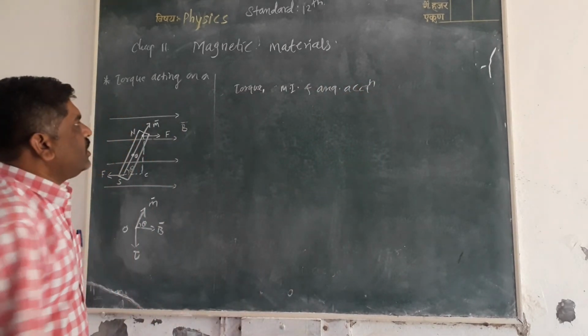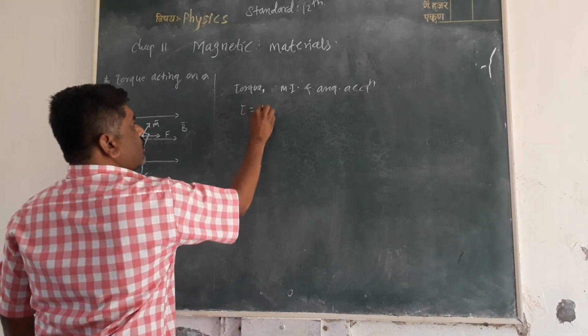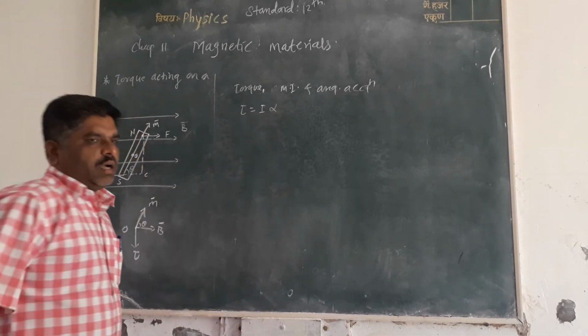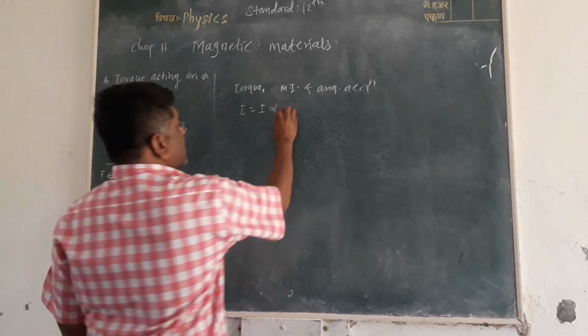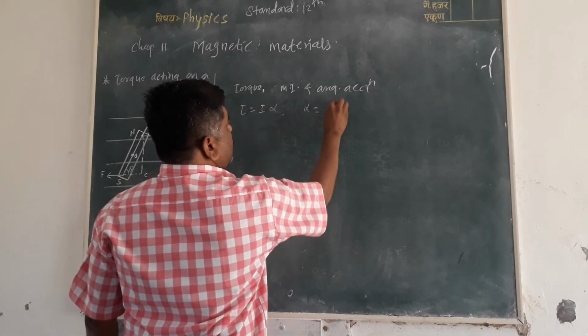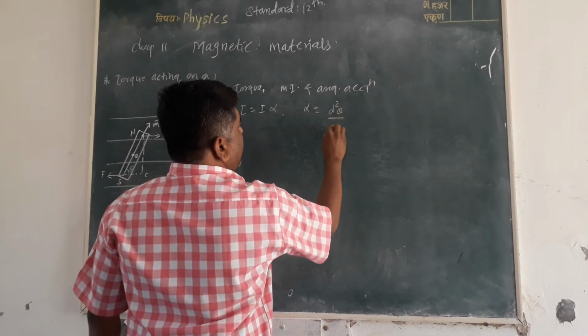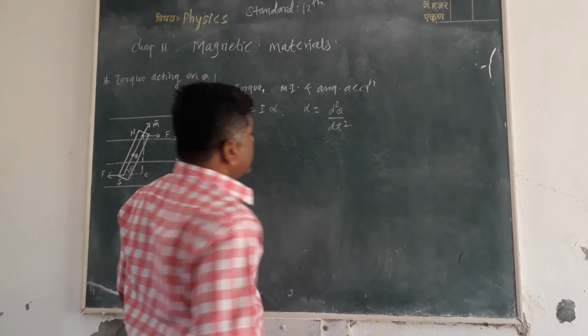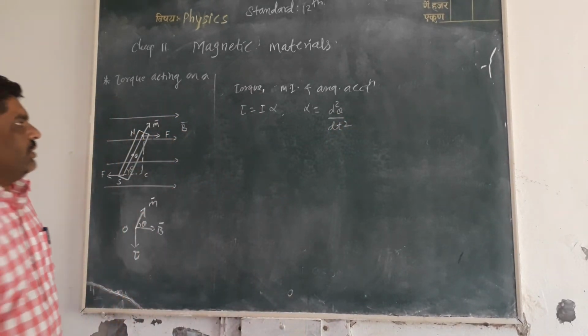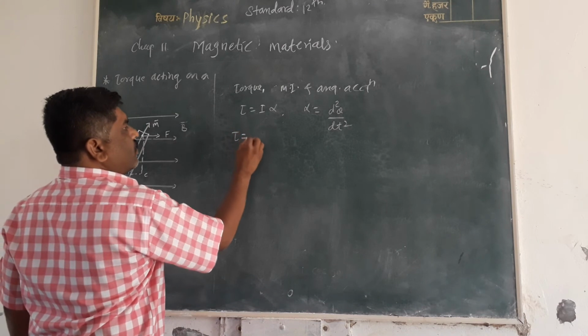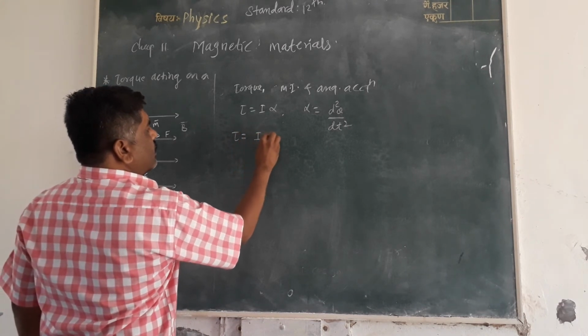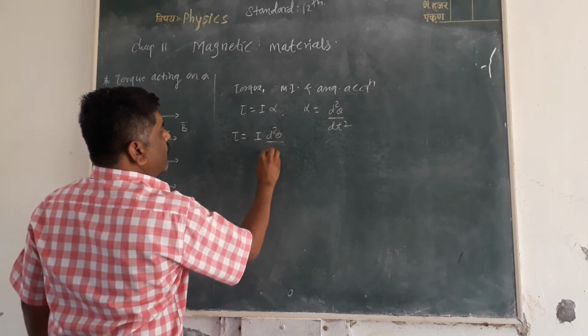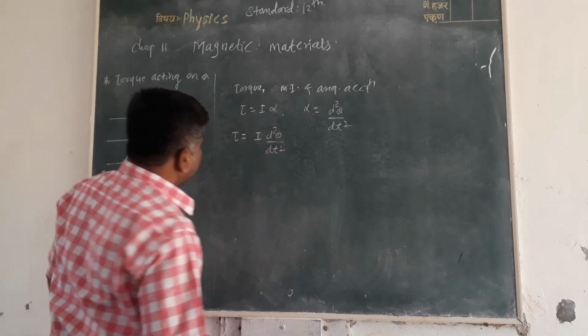And this relation is tau is equal to I alpha. But alpha is equal to d square theta upon dt square. This is the angular acceleration. Therefore, tau is equal to I d square theta upon dt square.